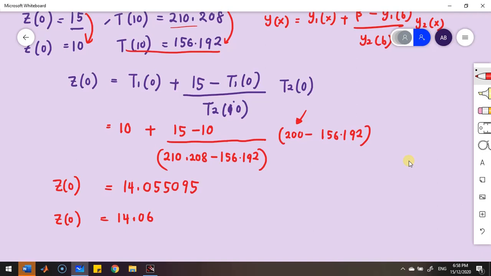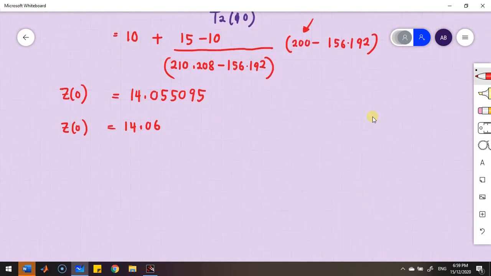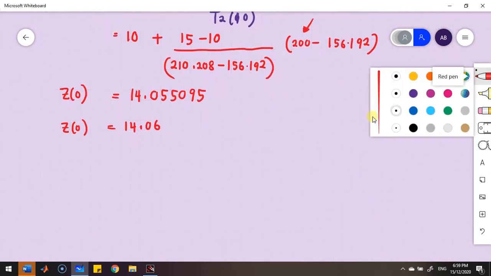Now, how do you know whether this value is correct or not? You need to solve the Euler method one more time. Okay, when you do it one more time, you can see what value you obtain for T at 200. Do you want to try? Okay, let's try, to prove to you that this will be a good choice.